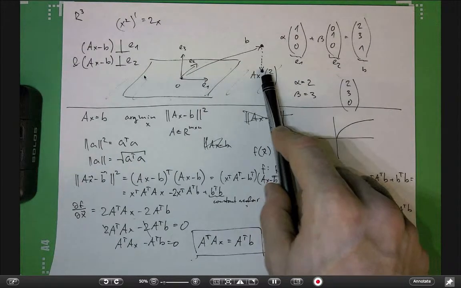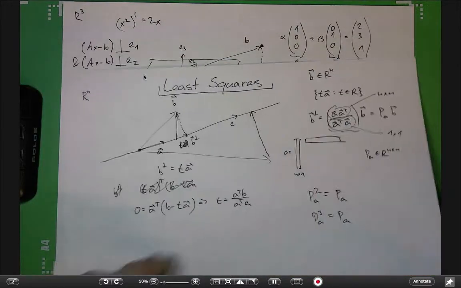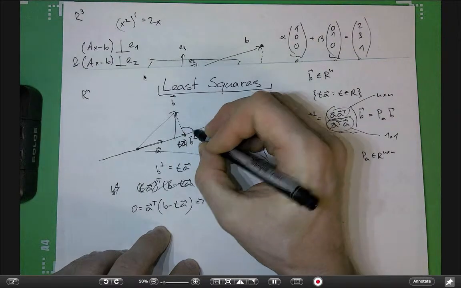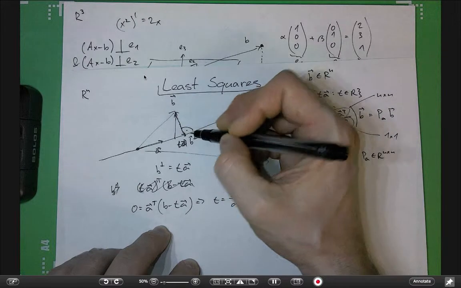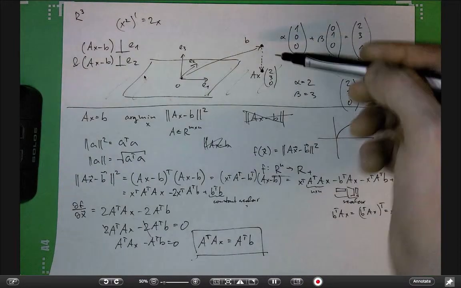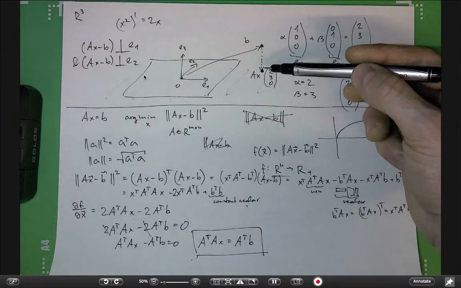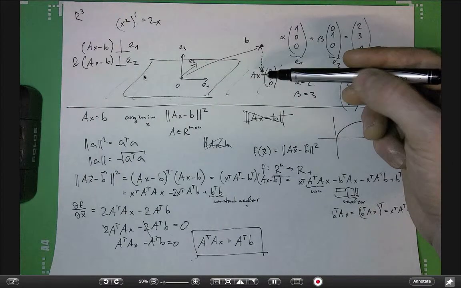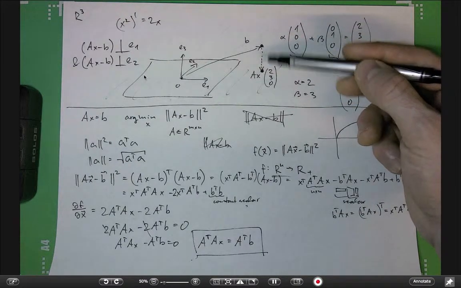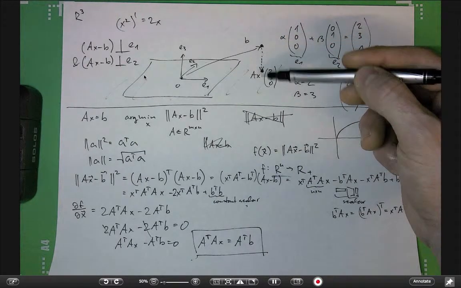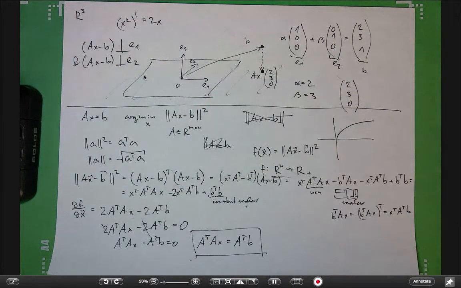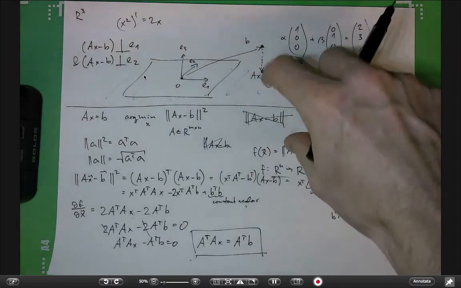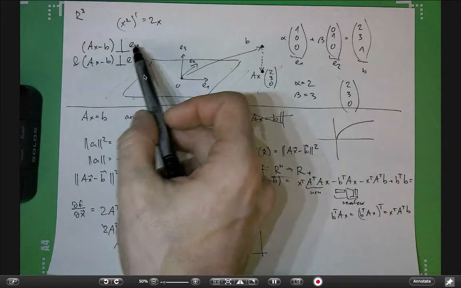And I said that the projection was here, such that the angle here is the right angle, that I drop it on my subspace orthogonally. So here is the same thing. If the AX is as close as possible to B, then the difference between them, the difference between AX and B, must be orthogonal to my subspace spanned by E1 and E2. Which means that the vector AX minus B has to be orthogonal to both E1 and E2.